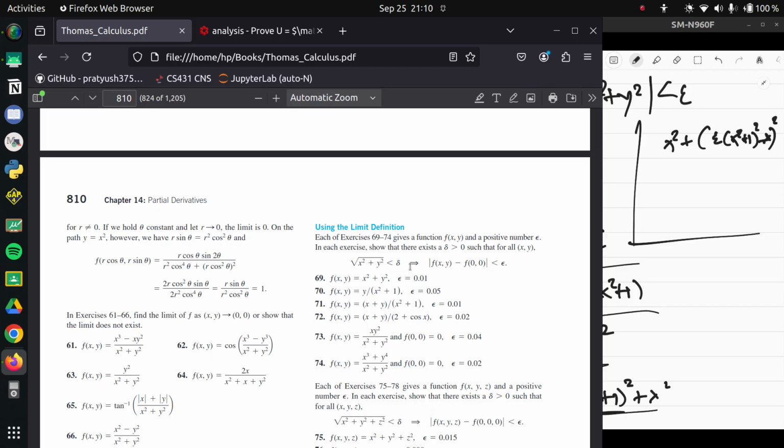This should imply that pretty much. So we want a lower bound on this. If you can get that, you're pretty much done. It is in terms of epsilon.